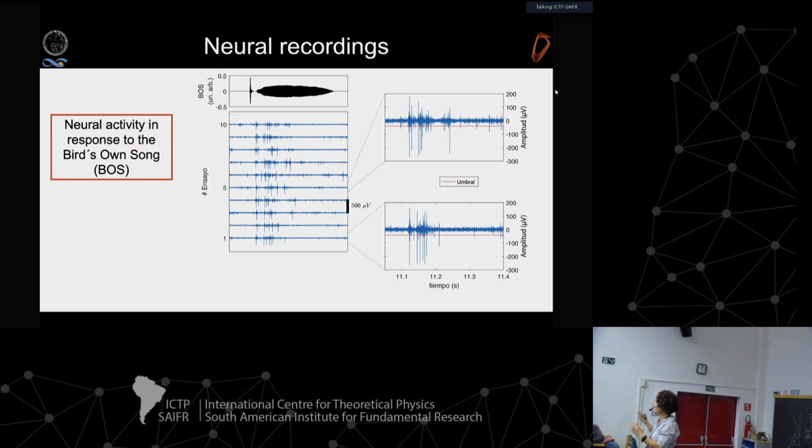But we are not studying the message communication. We study song because they have to coordinate a lot of muscles, respiratory muscles, vocal apparatus muscles and all that. You have to be very dexterous to perform a song.